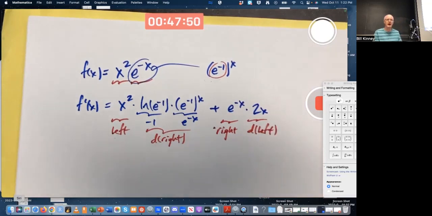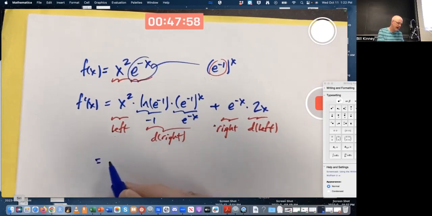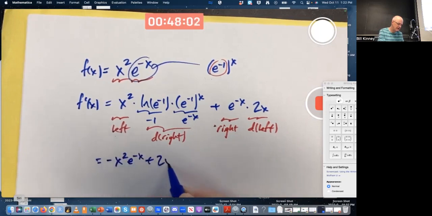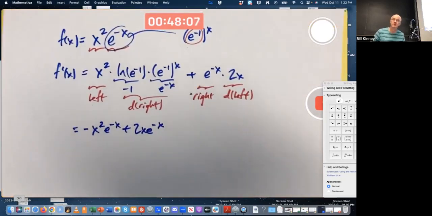When you show your work, you don't have to write the left d right plus right d left stuff, okay? That might confuse the grader, actually. Simplify, it becomes negative x squared e to the negative x plus 2x e to the negative x. There's the derivative.